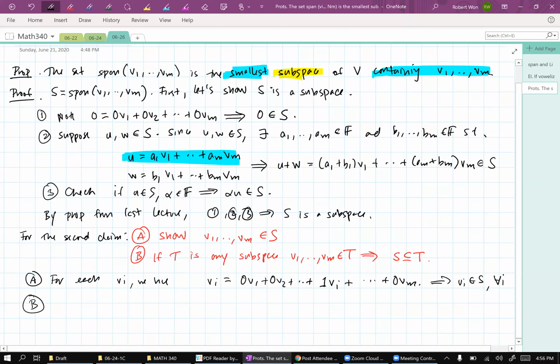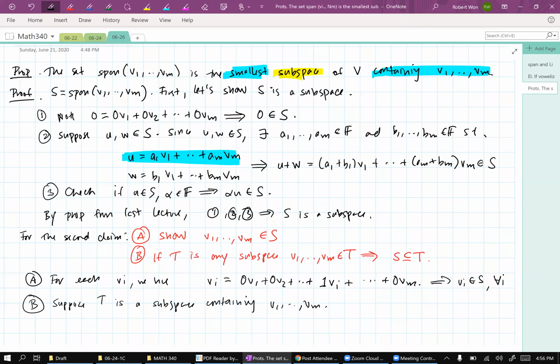Now I want to show that it's actually the smallest thing. So for B, suppose T is a subspace containing V1 through Vm. Well, since T is a subspace, that means that T is closed under addition and scalar multiplication, right?